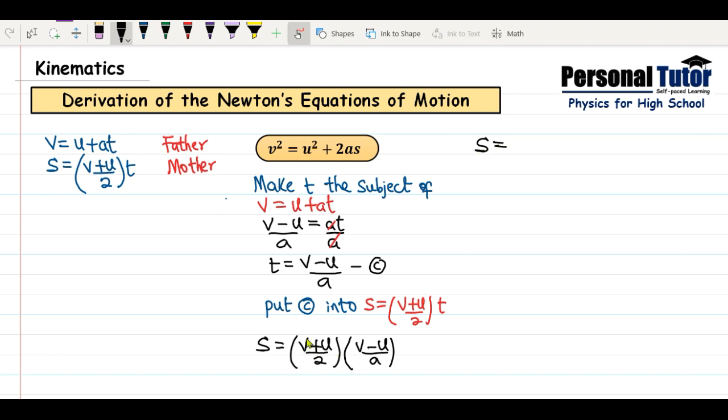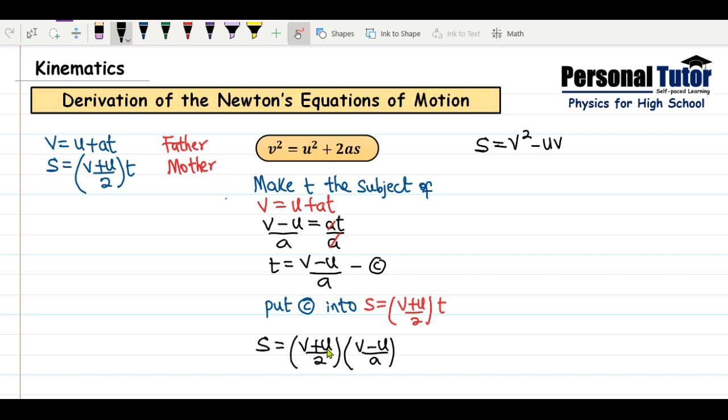You pick the first parameter here, or variable v, then you multiply by everything in the second bracket. I believe you know your algebraic expression. So that will be v times v amounting to v squared. Then v times negative u will be minus uv. So that is the first expansion.